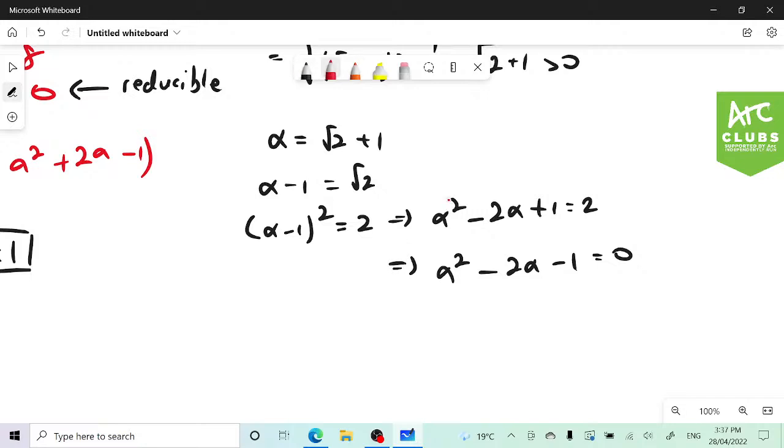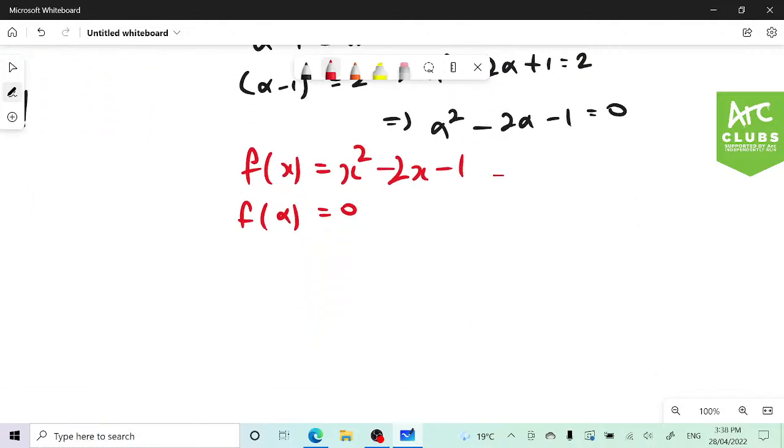If you define f of x equal to x squared minus 2x minus 1, then clearly f of alpha equals 0, and you can check that there is no root inside Q. The roots of this polynomial do not belong in Q, and therefore this has to be irreducible.